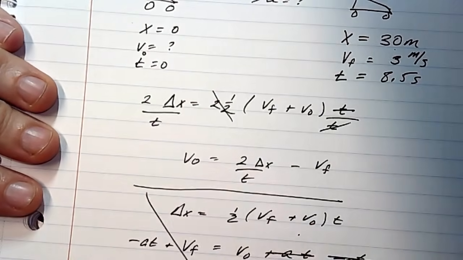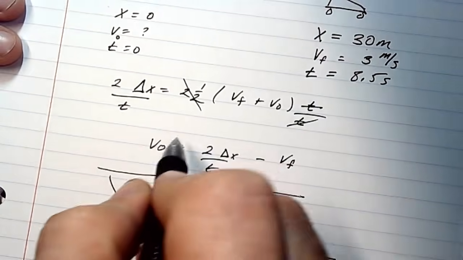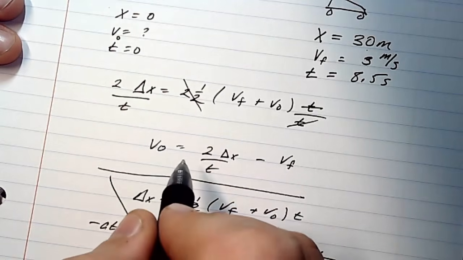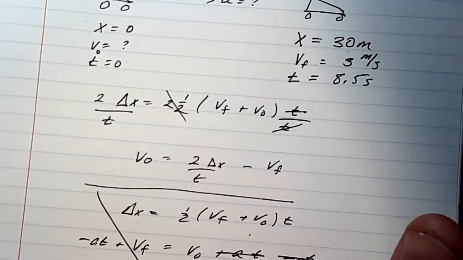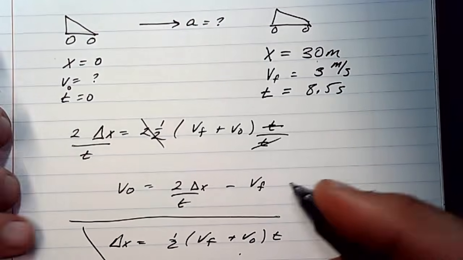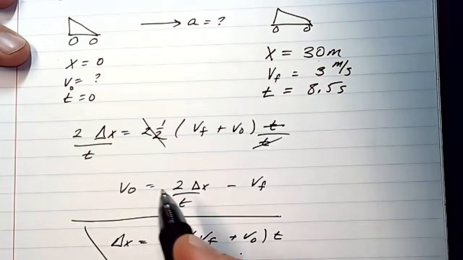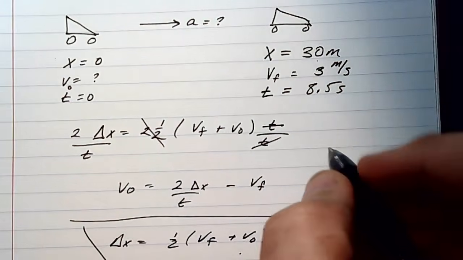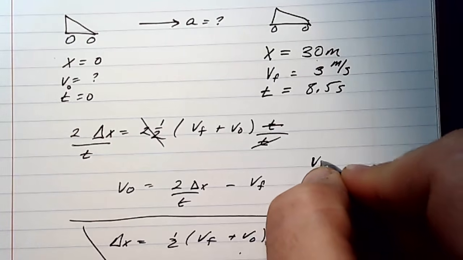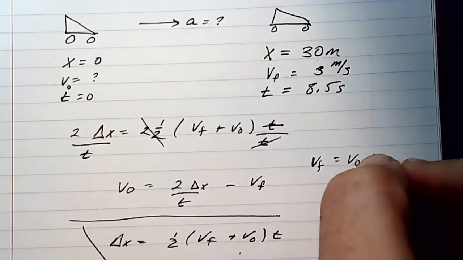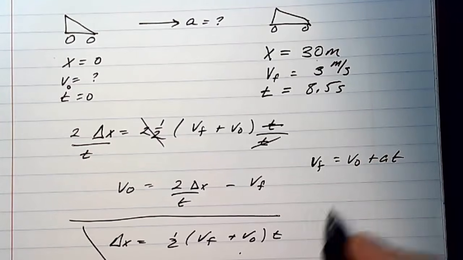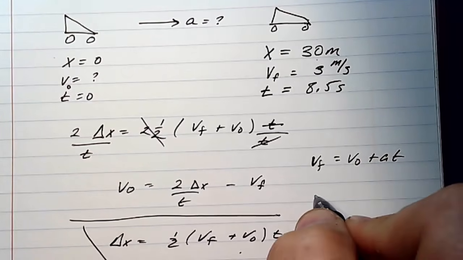What I would say is go back up here, ignore that stuff. I want to find V initial. So I want to work with an equation that has V initial first. Once I know this number, then I can include it in what I know, and then I can use something else. I can go and say V final equals V initial plus AT, and I can solve this for the acceleration.